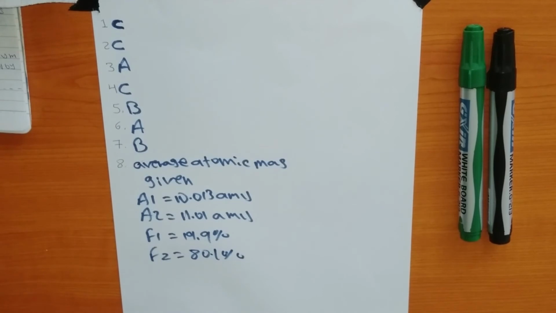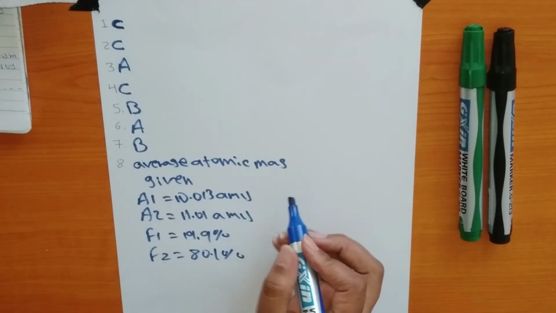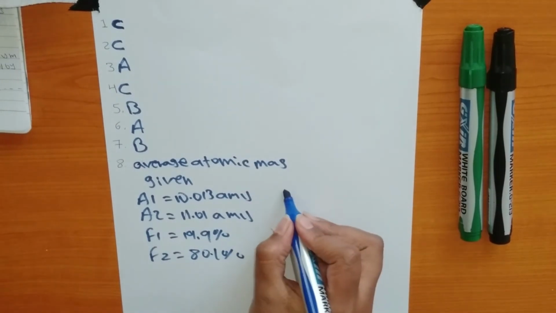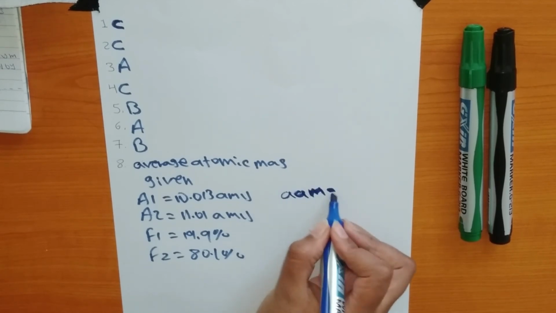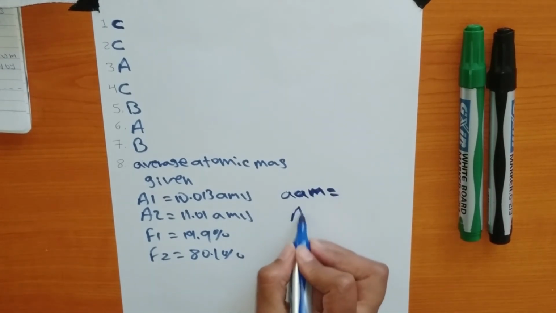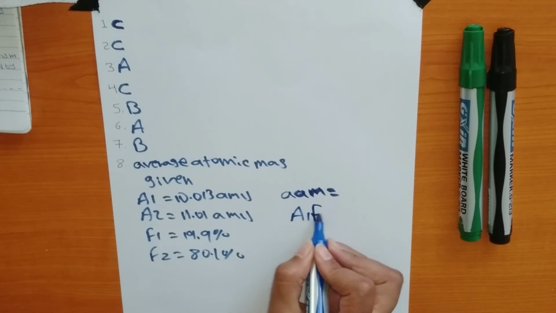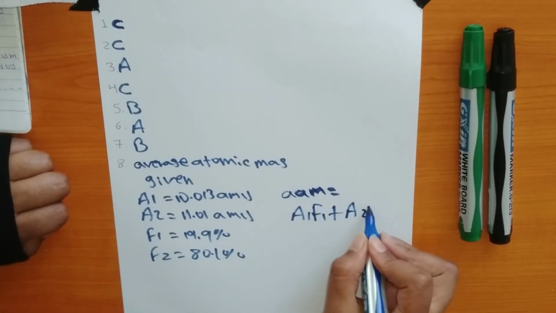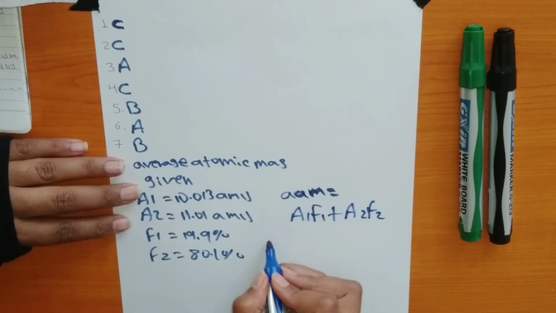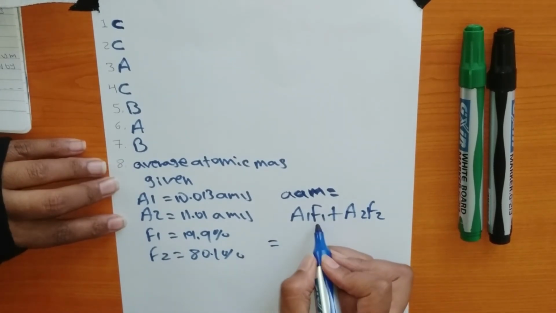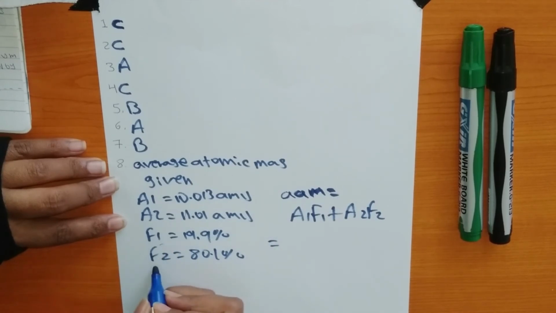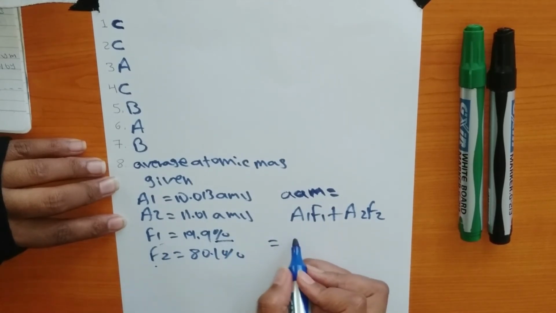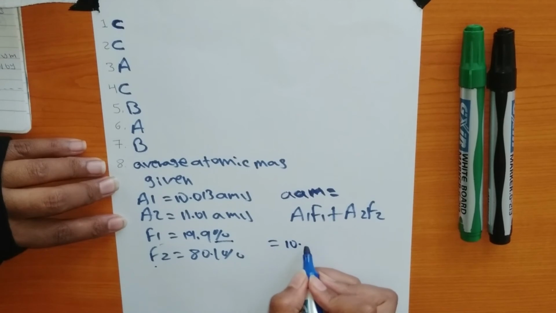So how are we going to calculate our average atomic mass? AM is equal to A1 times F1 plus A2 times F2. How are we going to do this? First, our F1 and F2 are in percent, so we're going to calculate it.